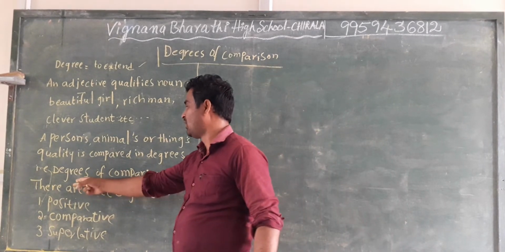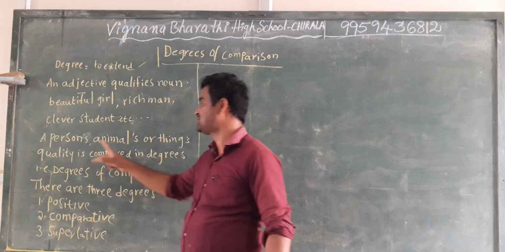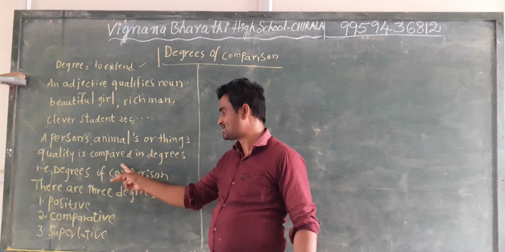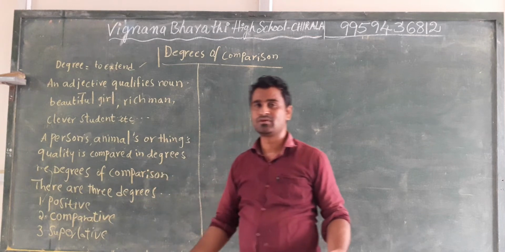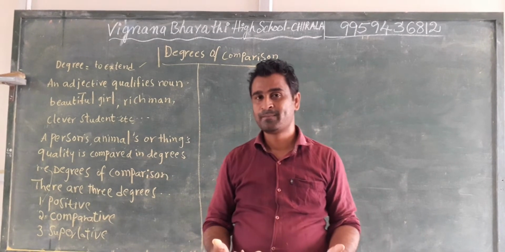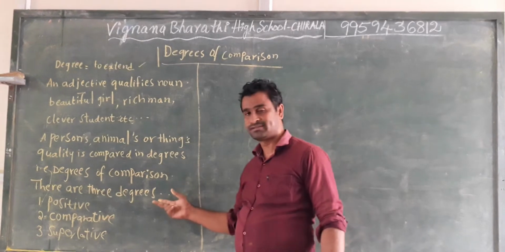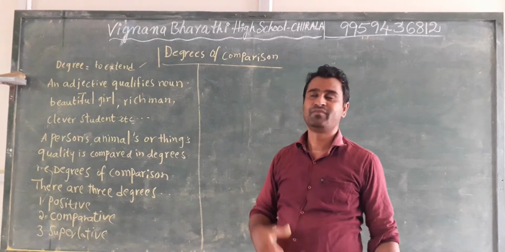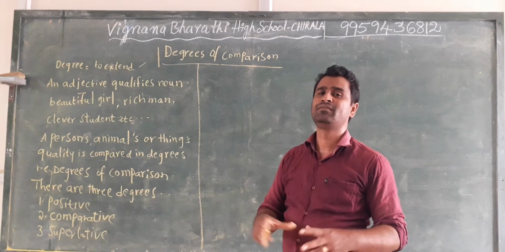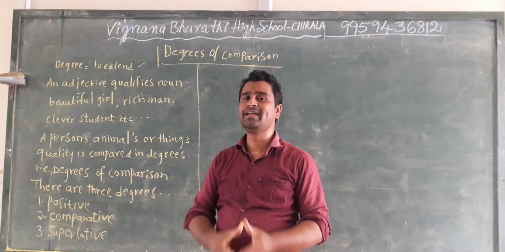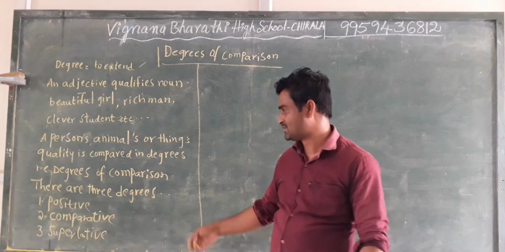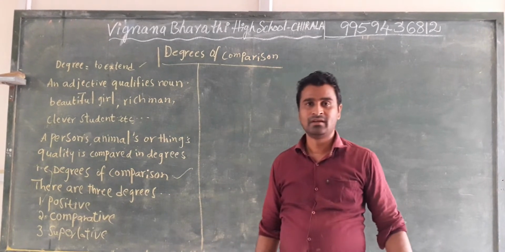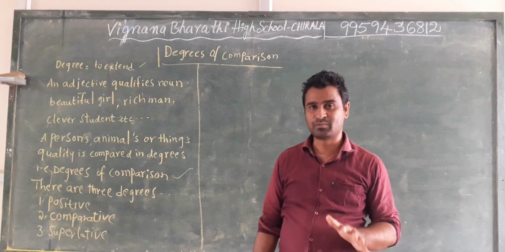That is called degrees of comparison. Yes, we compare ourselves, other things, other animals, other trees. Around the world we have a tendency of comparing. That is what is called degrees of comparison. I hope you are clear up to now.